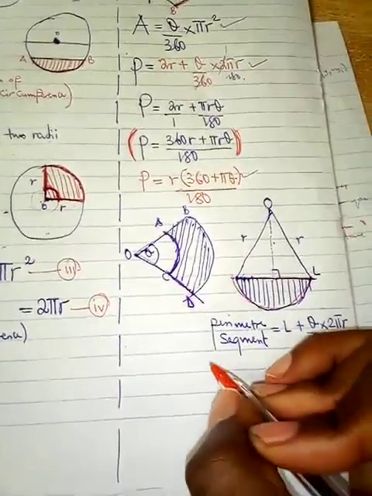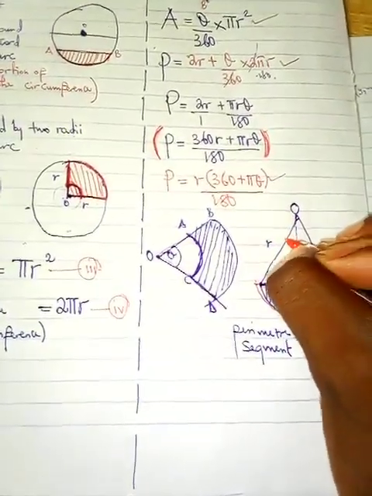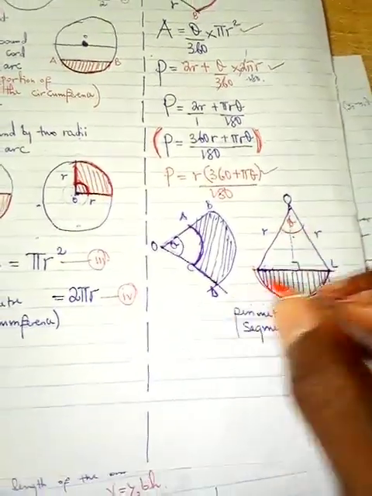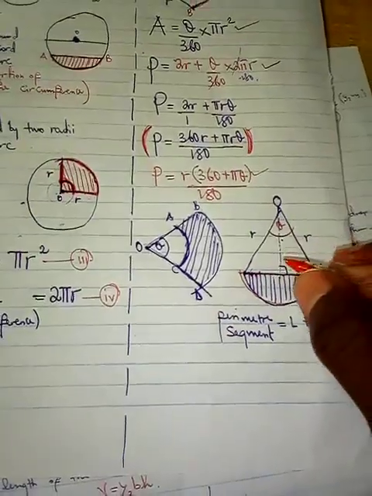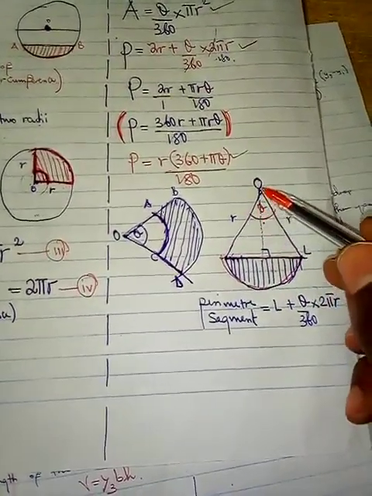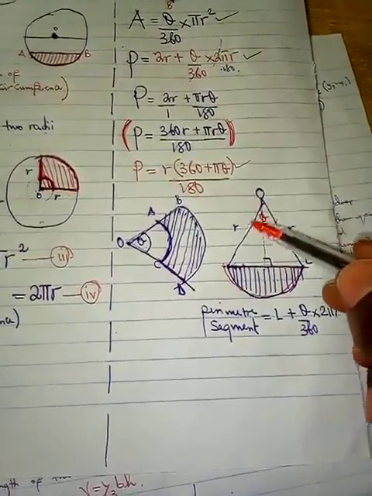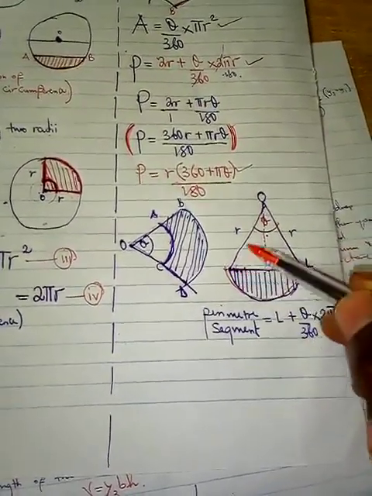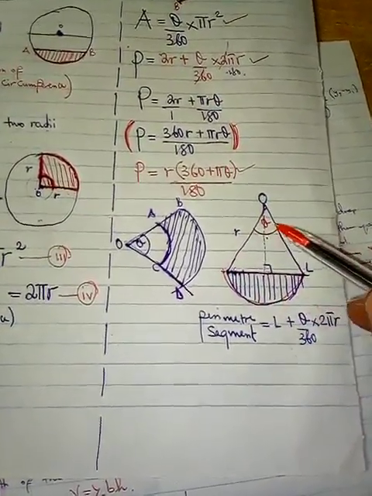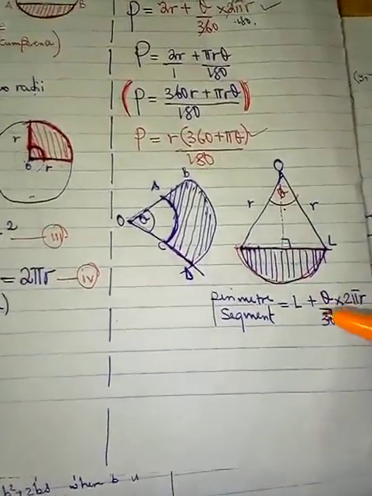If you're trying to determine the area, provided maybe say there is an angle that has been given here. If you're trying to determine the area of this shaded region, what we normally do is that we determine the area of the triangle, and also the area of the sector, and then we subtract the values. Let me show it simply like this.